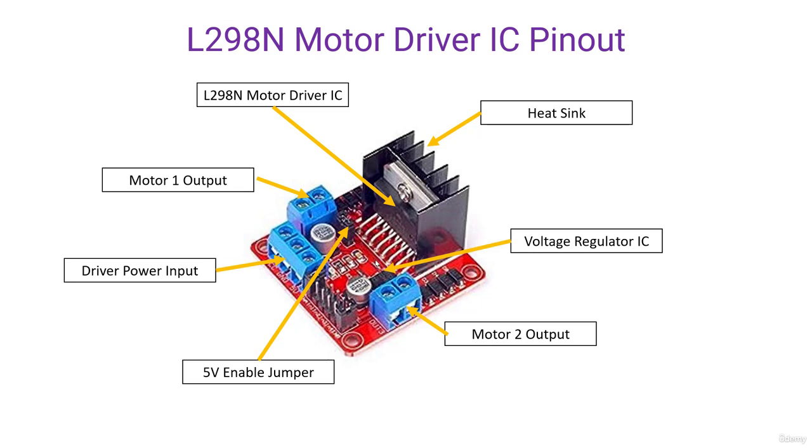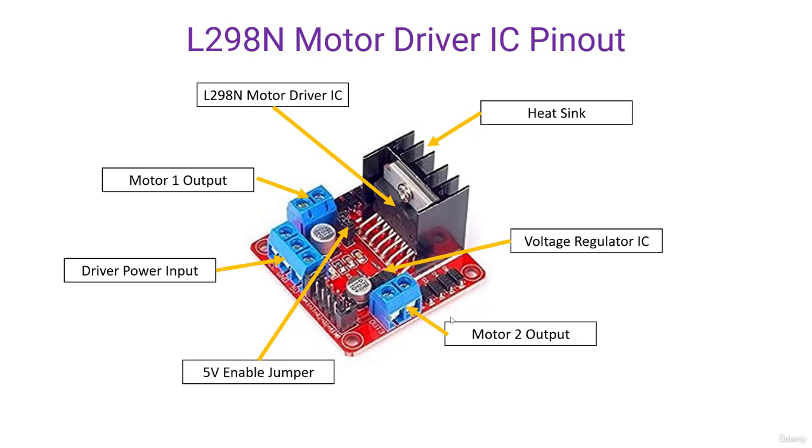Now, there are some other components here. The driver power input: the motor driver will take some power like VCC, ground, and the input from the Arduino. So this rail of pins will receive those signals and the input power. Now, you can drive two motors with this module. The left rail controls motor 1, and using the right rail, you can control motor 2.